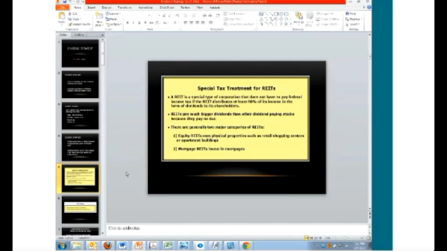And as a result, the REITs pay a much higher dividend than other dividend-paying stocks because they pay no tax. And I've noticed over the last 27 years or so that I've been investing in stocks that these real estate investment trusts almost always outperform the S&P and the general market. And I think that's in large part due to this special tax treatment.